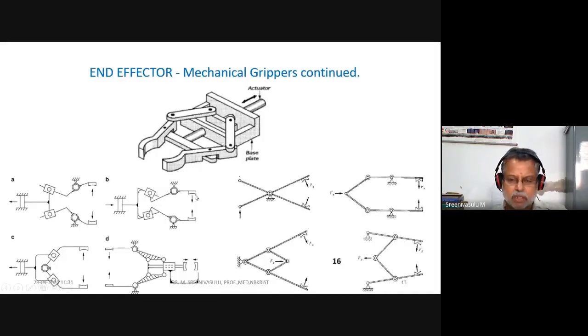Though this is moving inwards, the forces that are going to be applied are not in the vertical direction. They are going to be perpendicular to these fingers. So this is how the purposes are going to be totally different. This is only to give you clarity on that.